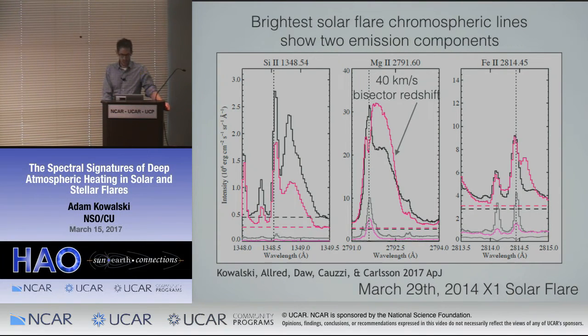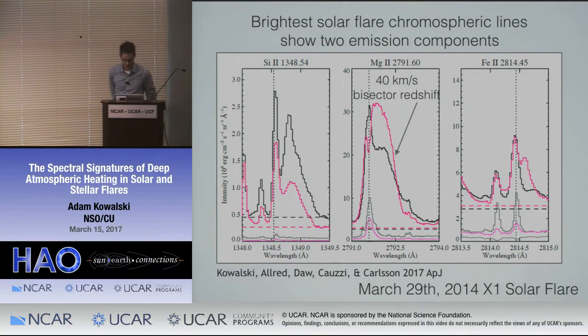So in addition to these bright and highly complex emission lines, the continuum got really bright at these locations. And the continuum level is indicated by the horizontal dashed lines there. The pre-flare level is this level here, which is the lowest intensity spectrum on the plot.